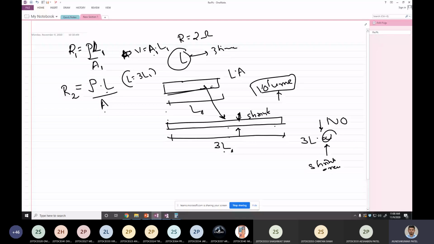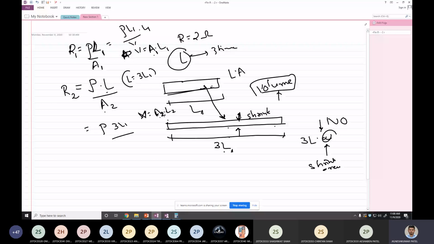So I can replace this and write it like this: A1 is V by L1. And in the same way here I can write 3L1 divided by A2, where V is equal to A2 into L. But V remains the same. So A2 is equal to V by L2, but L2 is nothing but 3L1. Actually, this is 9 V.